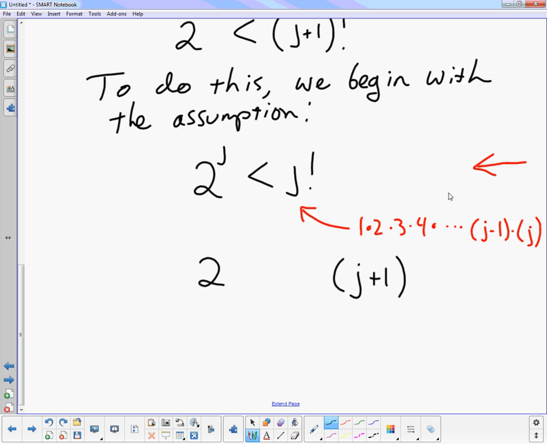Is it legitimate? Can I do that? If multiplying by 2 on one side and then multiplying by j plus 1 on the other side, will the original statement still be true? Will it still be smaller than the right-hand side? Will the left hand still be smaller?